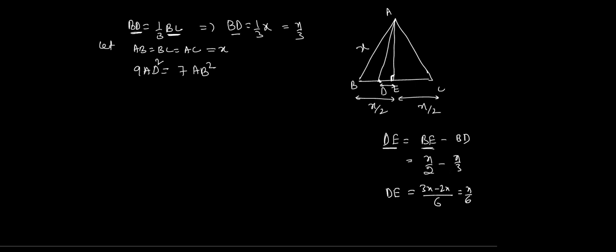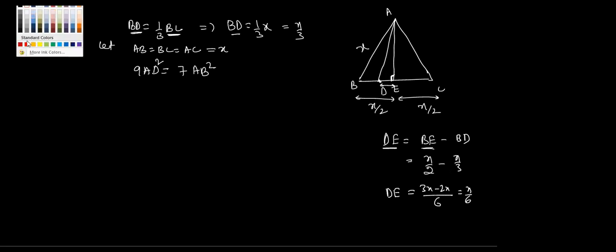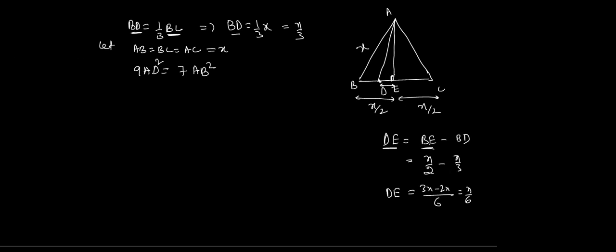Okay, now we have three right angle triangles here. We have to use two right angle triangles. One right angle triangle is this one, and another one is this one. So we have to use the Pythagoras theorem in both, and then we will be able to prove this.